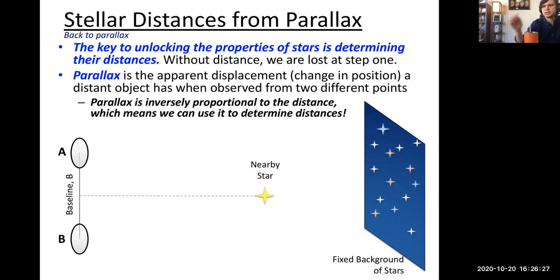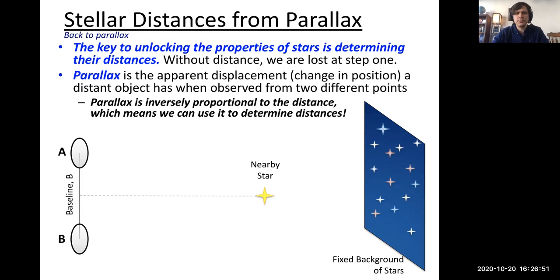So that shift of where this looks like against the wall, you're observing the parallax. And objects that are closer experience larger parallax than objects farther away. So if you need a review of that, please go see the video on parallax, because we are going to be using parallax to determine the distances to the stars.